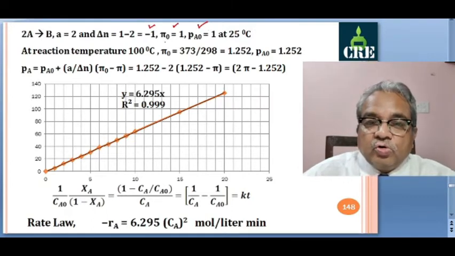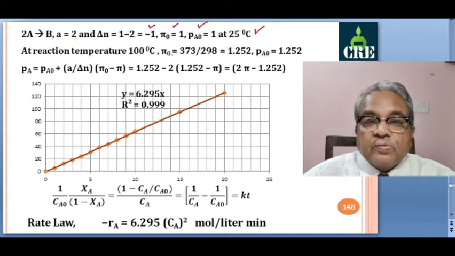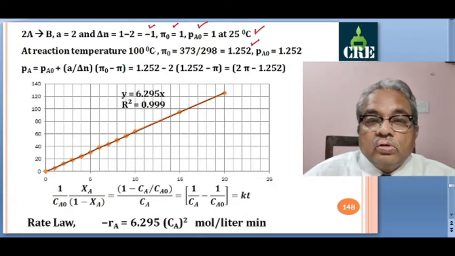Here for pure A you don't have to bother. Pi 0 is Pa0, so total pressure is equal to partial pressure. This is at 25. At 100 degrees, pi 0 will need temperature correction, 373 by 298 Kelvin, so it comes out to be 1.252. And A is pure, so this pi 0 at 100 will be the same as Pa0.